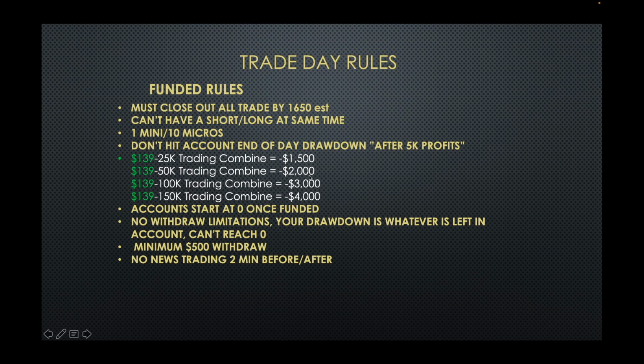So say you make $1,000 right away, you can withdraw $500, but that only gives you $500 worth of drawdown before it hits zero, whatever you have left in your account. If you make $1,000 in one day or $1,500, you can withdraw $1,000, but you only have that $500 limit. And of course, they have the no news rule.